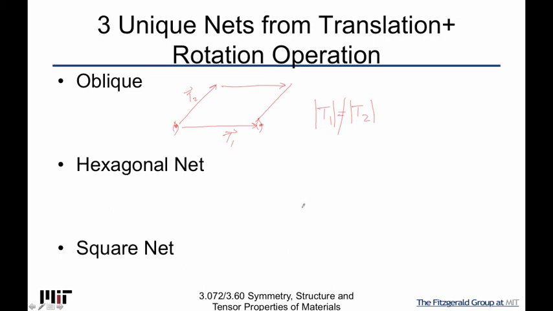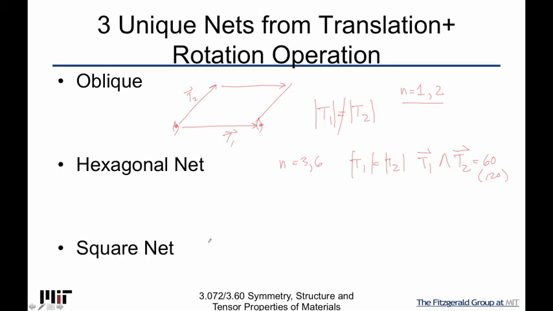The hexagonal net came from, so let's make this clear, by the way, the hexagonal lattice was a result of both, and it doesn't matter, just like this one, I get the same thing here. And in that case, we saw t1 equals t2, and of course the angle between them was 60 degrees, also 120 if you choose the standard cell.